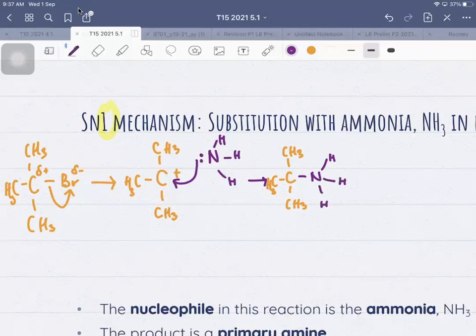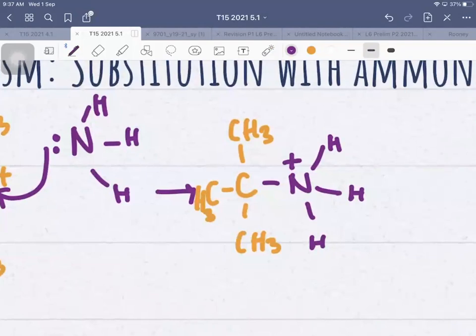So what happens when nitrogen has donated the lone pair to carbon, nitrogen will now develop a positive charge. Also, another hint for that is because nitrogen has 1, 2, 3, 4 bonds. So it becomes positively charged.